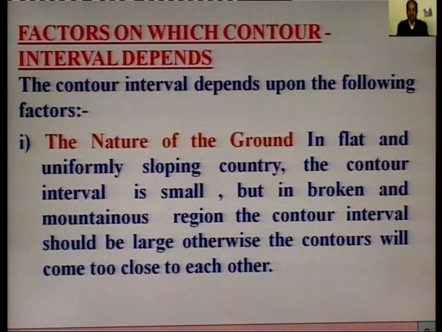In flat and uniformly sloping country, the contour interval is small. That is, if slope is less, contour interval can be small, but in broken and mountainous region, that is in a semi-hilly area, the contour interval should be large, otherwise the contours will come too close to each other.